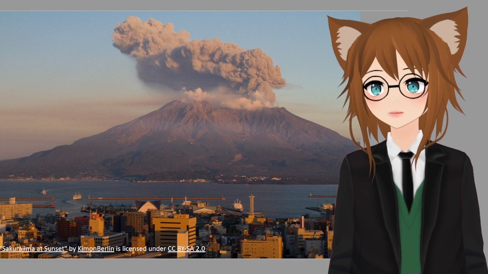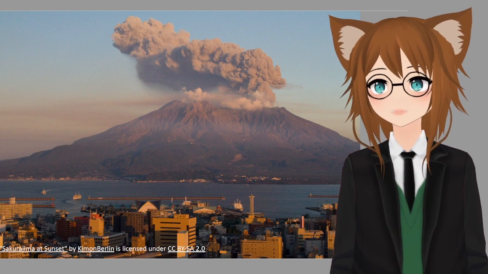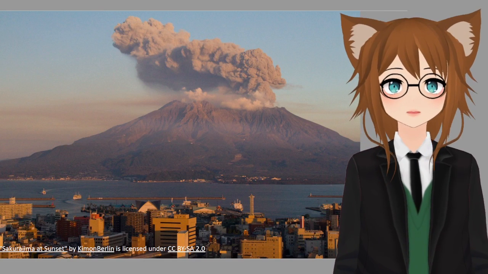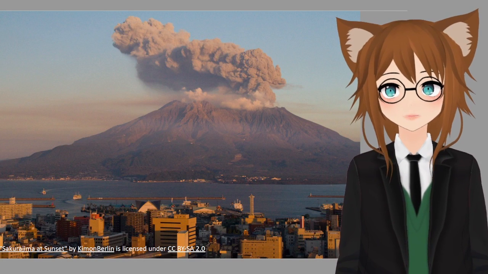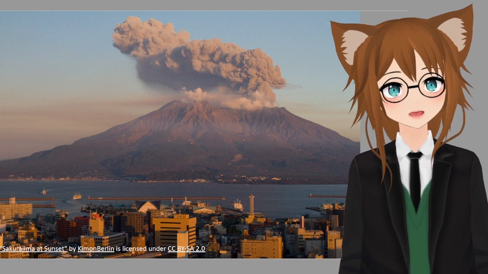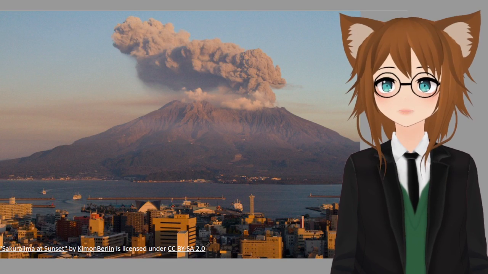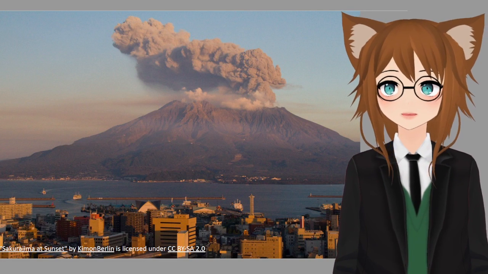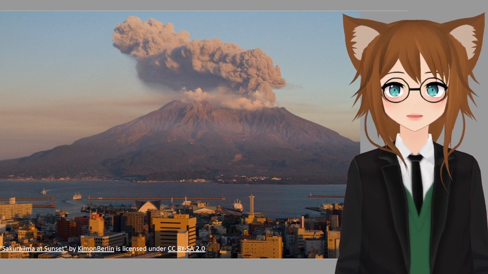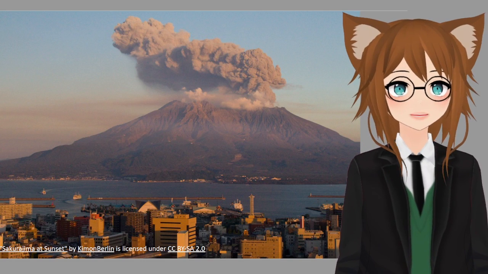So Japan is home to 7% of the world's active volcanoes, despite only having 0.25% of its landmass. Many of these volcanoes, such as Sakurajima, which is what you see here, smoke and steam constantly. It erupts with lava and rock flows every few years, as an example.